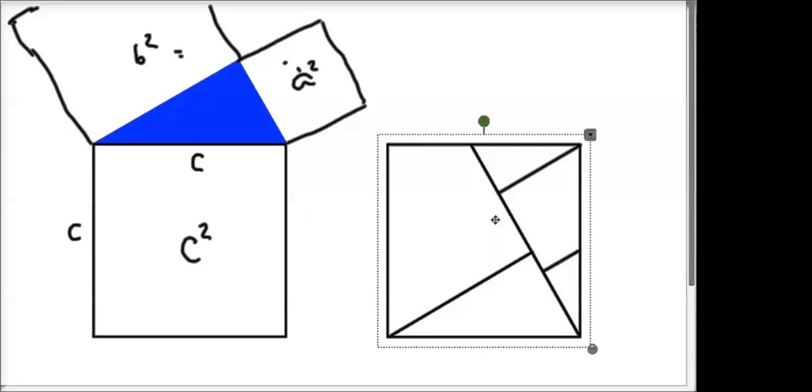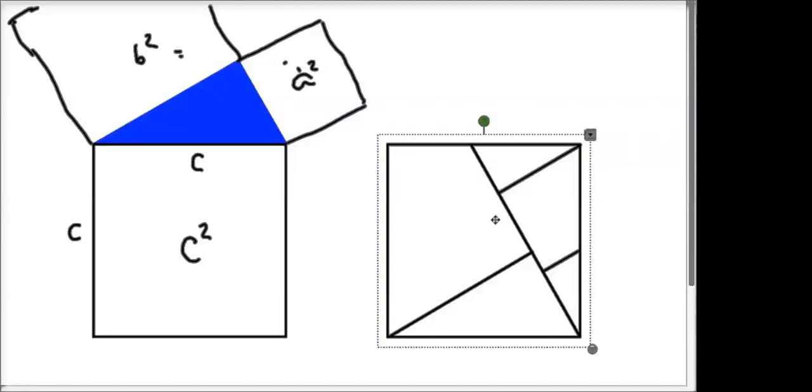I'm going to demonstrate Pythagoras now, and I want you to concentrate on the blue triangle. Can you see the triangle which is blue there? I hope that you can see that triangle, and I want you to concentrate on it because I'm going to do most of my explanation based on that Pythagoras.